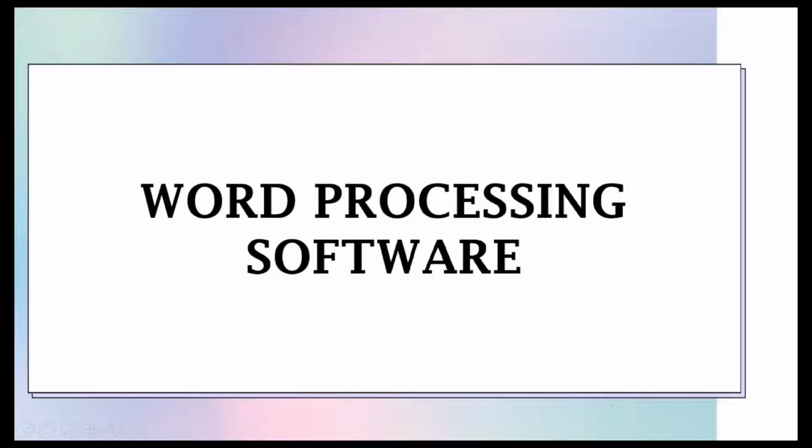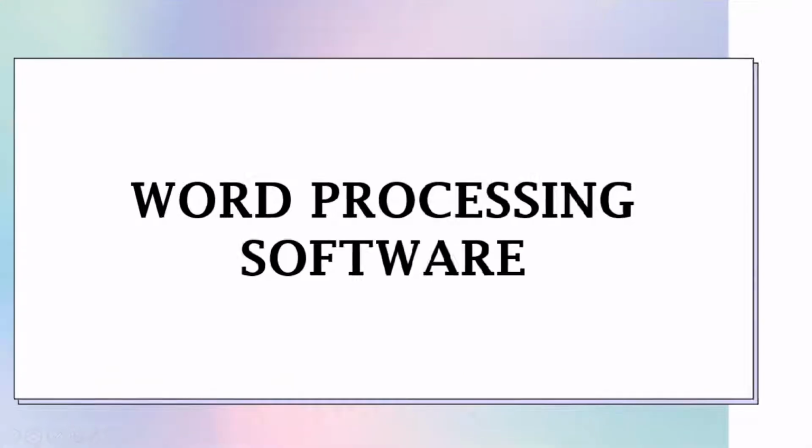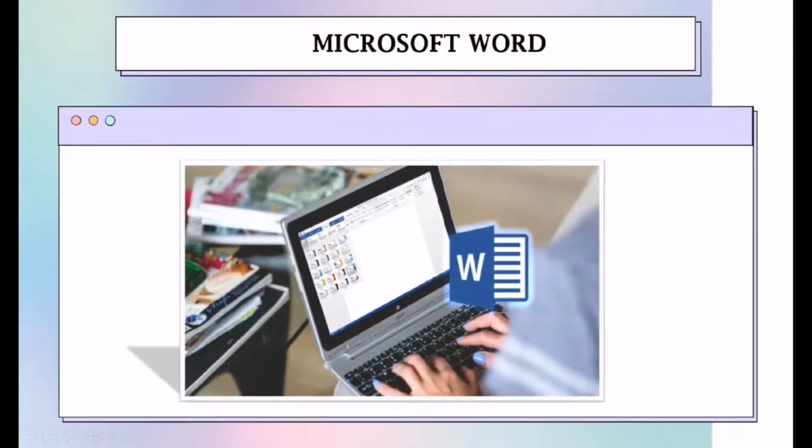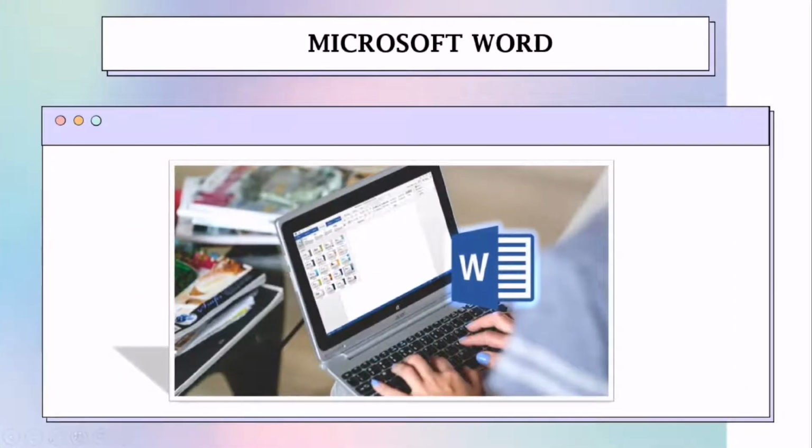So, under po dito sa word processing software is the Microsoft. Microsoft Word or MS Word, often called Word, is a graphical word processing program that users can type with. So, the purpose of Microsoft Word is to allow users to type and save documents, and also help to make documents.